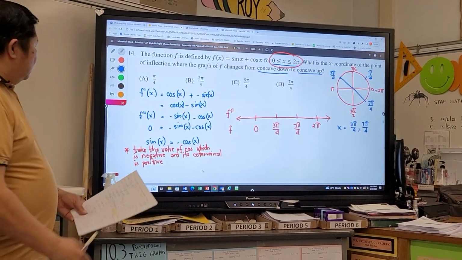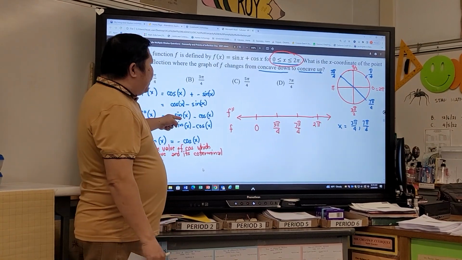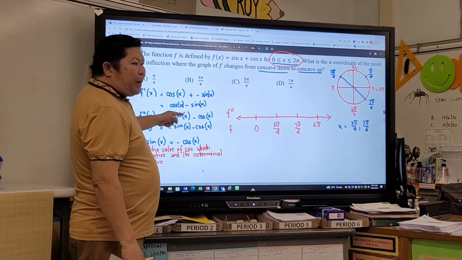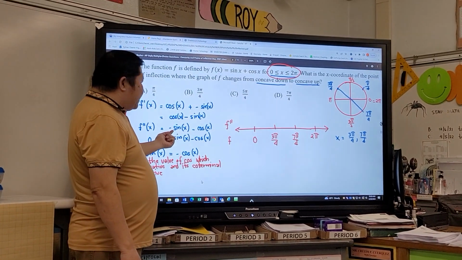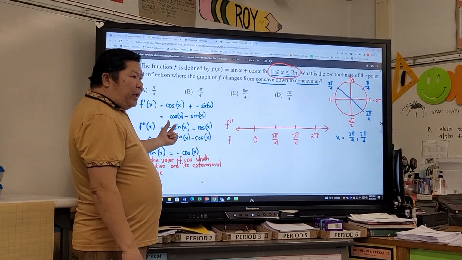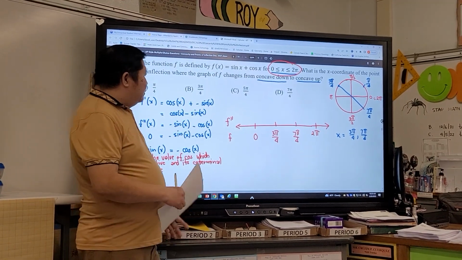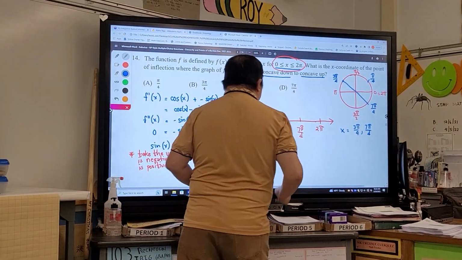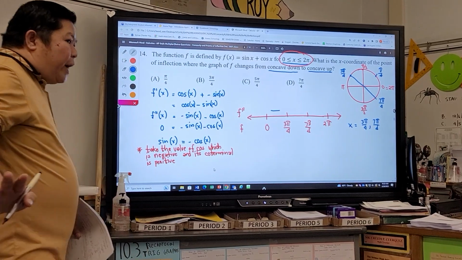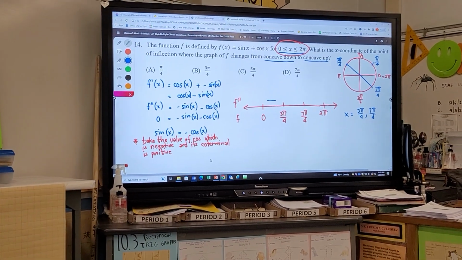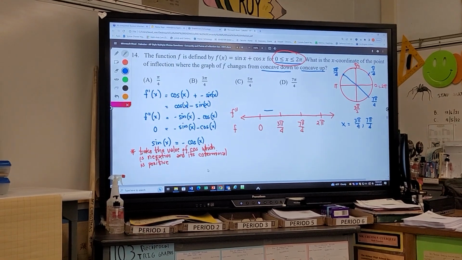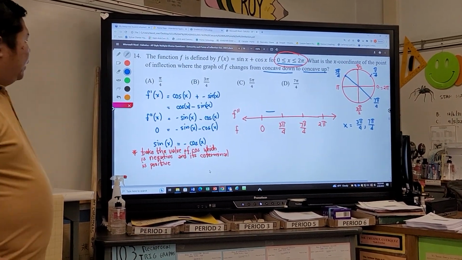If we plug in pi over 4, what is it? Square root of 2 over 2. But because of this negative, negative, and then negative also, this must be negative. Clear, guys?